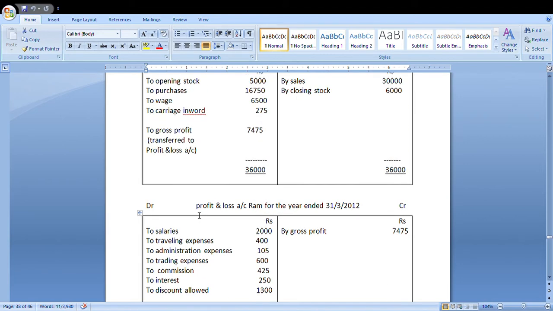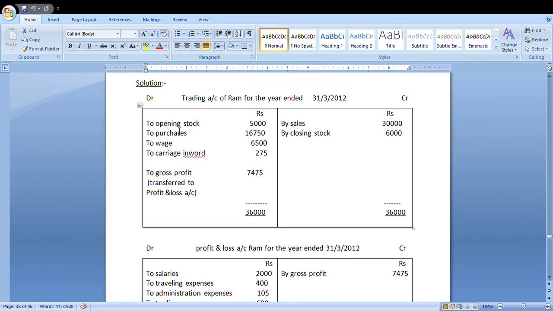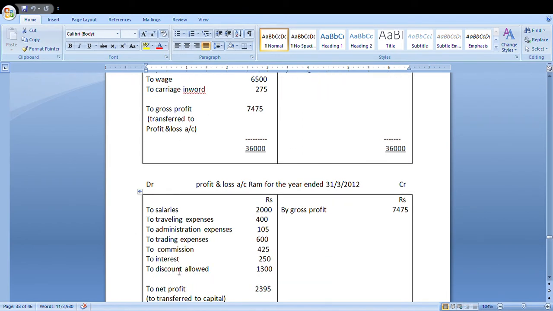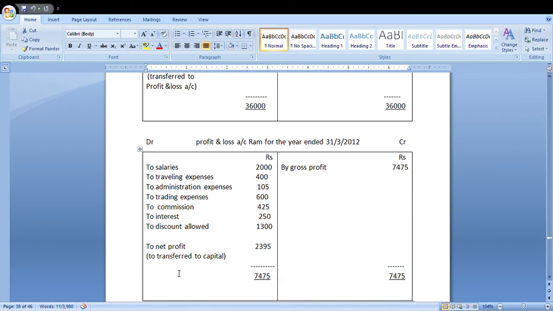Items entered in the trading account are not entered again in the profit and loss account. All remaining expenditure items are entered on the debit side. Any item you identify as an expenditure is entered on this side.